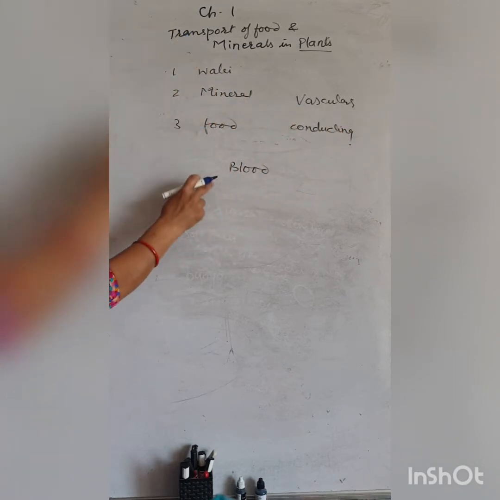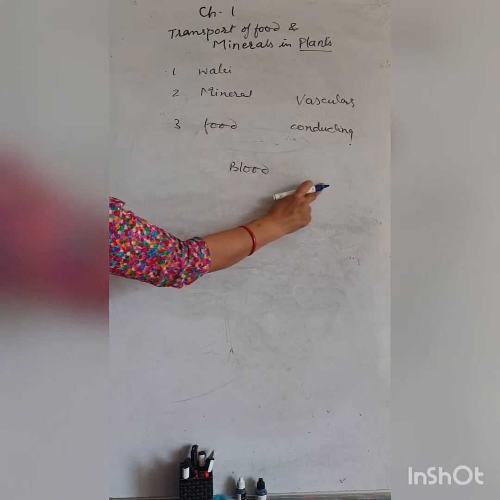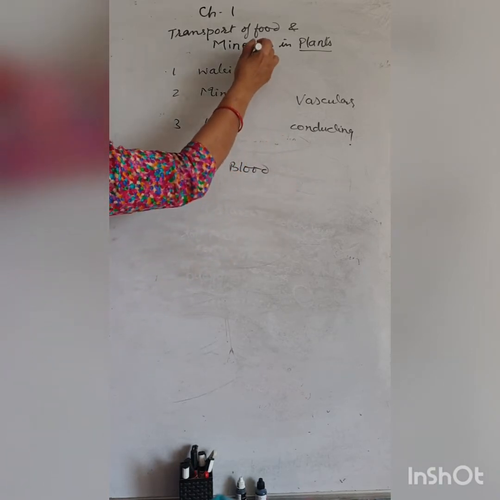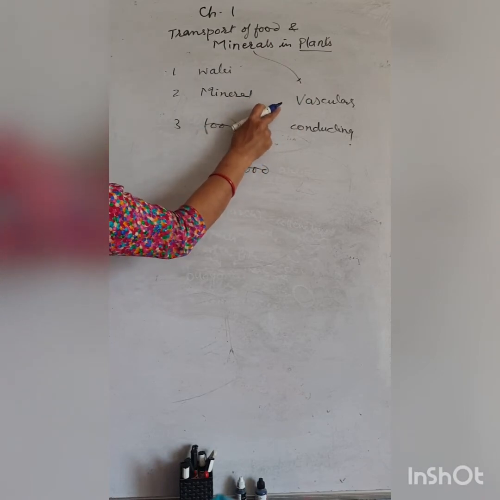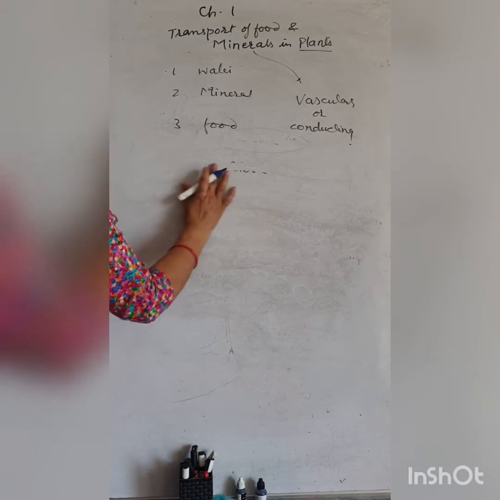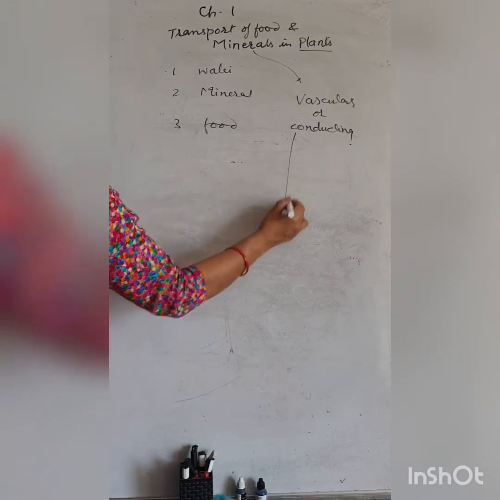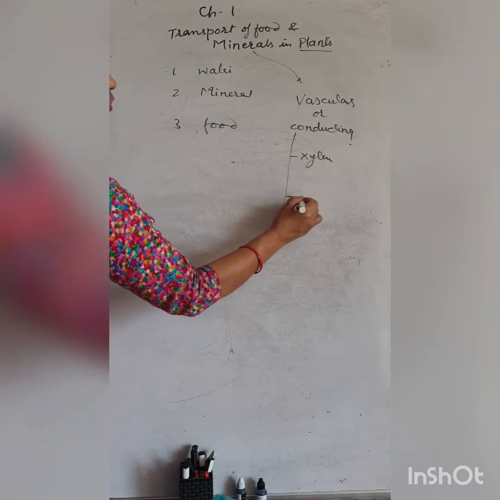The transport system in our body is the blood vascular system. In plants, transportation is done with the help of the vascular or conducting system. The conducting tissues are xylem and phloem.